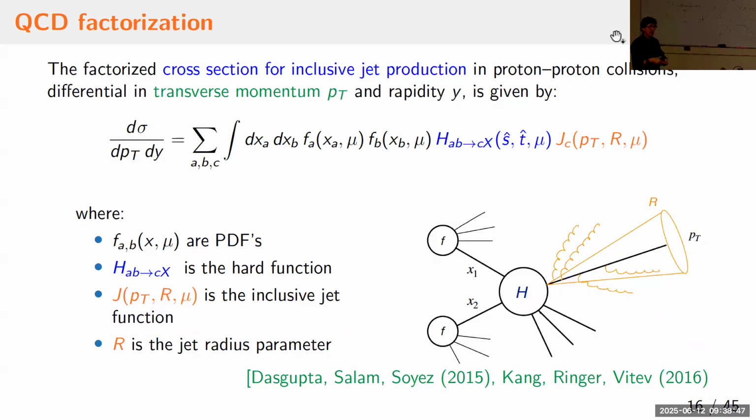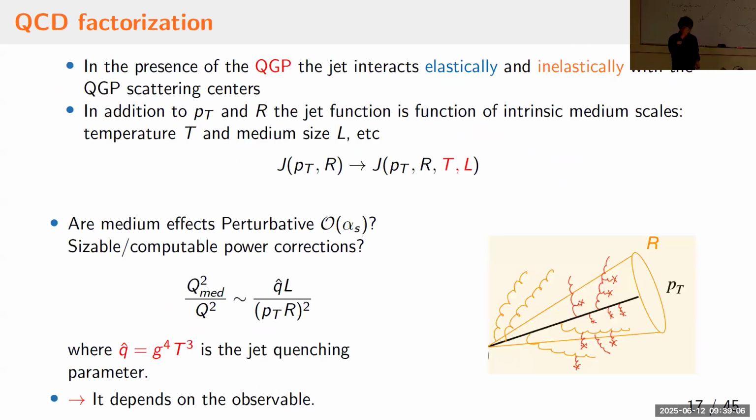But it is known how to perform this again to a certain accuracy, just by expansion in the coupling, powers of the coupling constant. All right, so we have three objects again. We have the parton distribution function, convolution of the parton distribution functions times the hard matrix element times the jet function. So now in heavy ion collisions, we'll have a similar factorization formula simply because the short distance physics doesn't know about the medium.